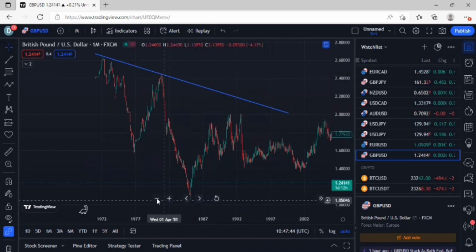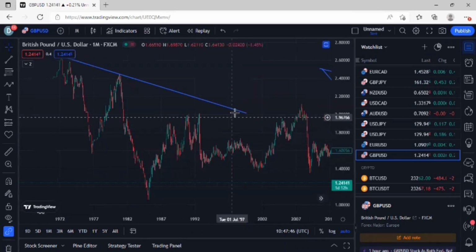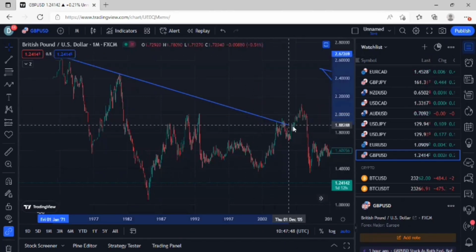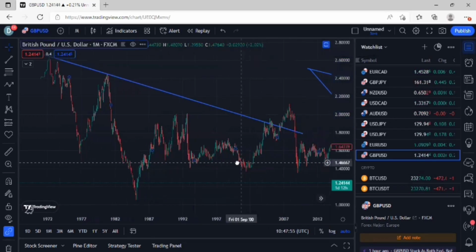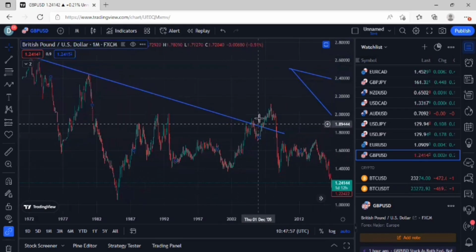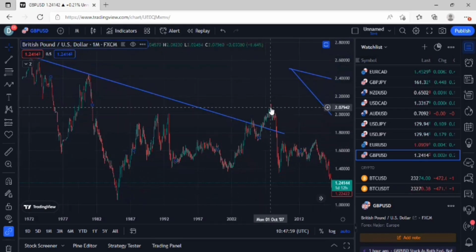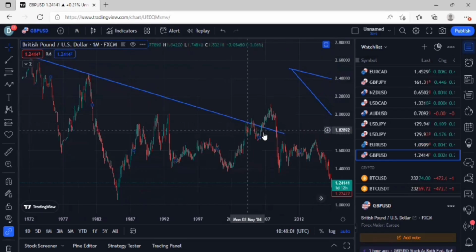But now, how do you properly draw this? The moment the price has broken a trend line, that trend line is no more useful. So you need to adjust it. So assuming the market was at this point, the moment it breaks this, then that trend line is no more useful.